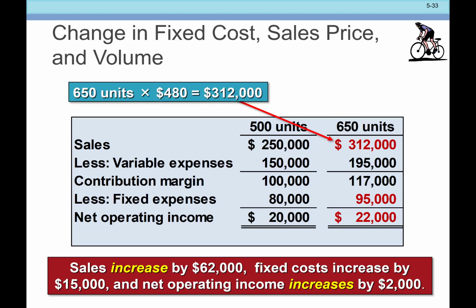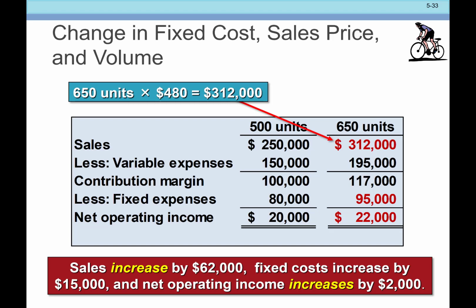Variable expenses is going to be 650 times 300, gives me contribution margin. More advertising, more fixed expenses, that's 15,000 more. And then we go ahead and you see that we got $22,000 more in net income, right?